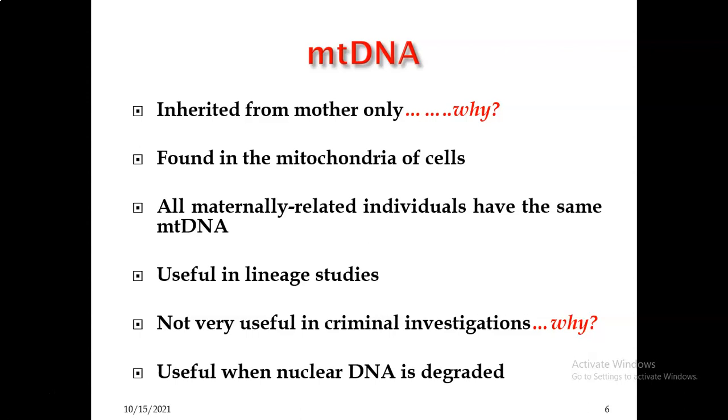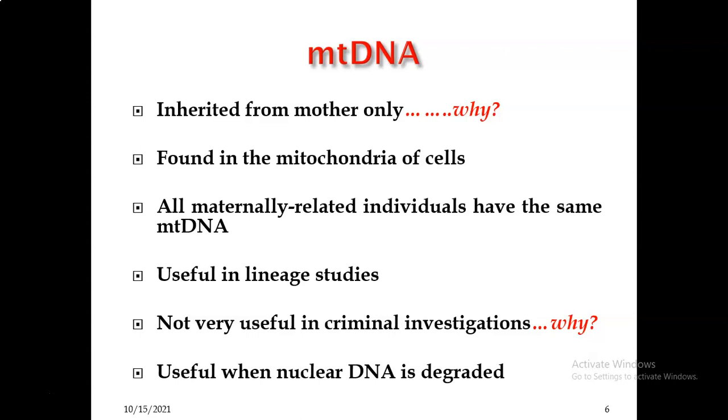And mitochondrial DNA, as we've already talked about, is found in mitochondria, which is an organelle in the cell. Another unique feature of mitochondrial DNA is that all maternally related individuals have the same mitochondrial DNA.